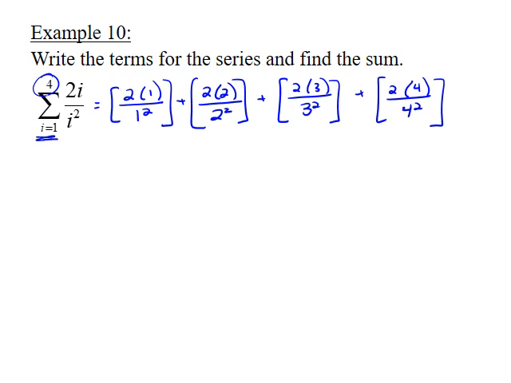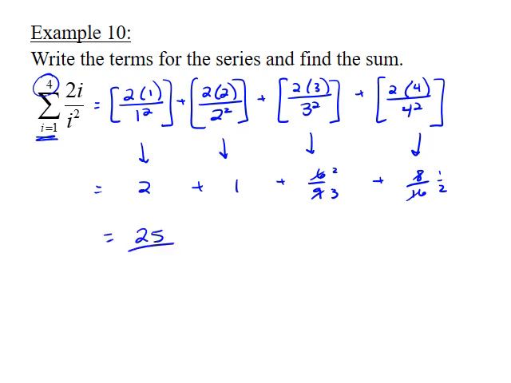Then we will simplify each of these. So we will get 2 plus 1 plus 6/9, which is the same thing as 2/3, plus 8/16, which is a half. When I add all of these together, I get 25/6.